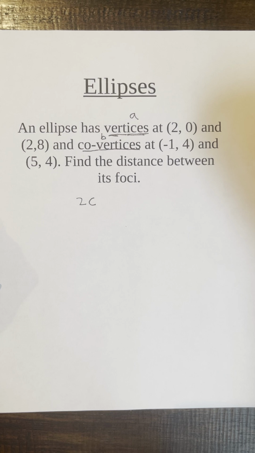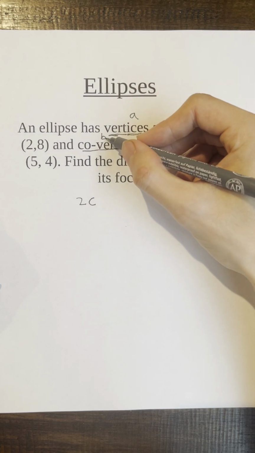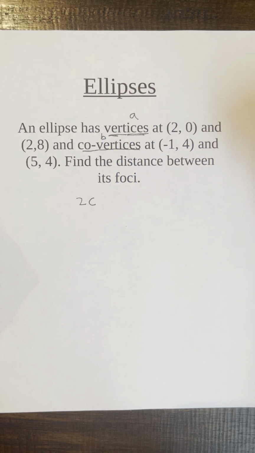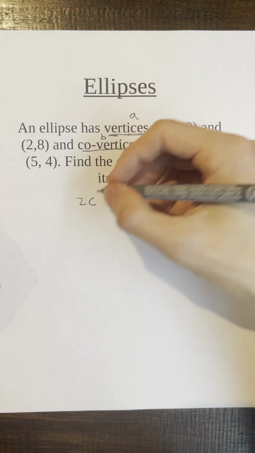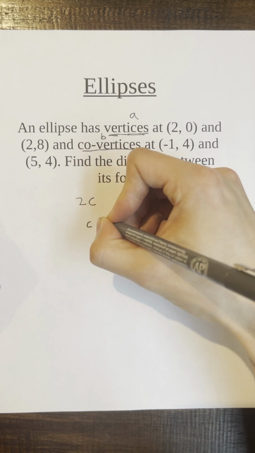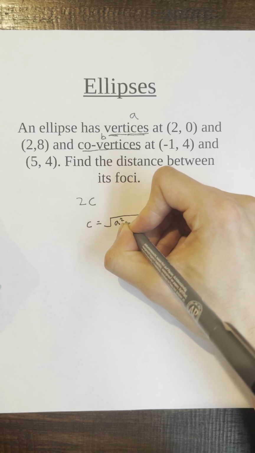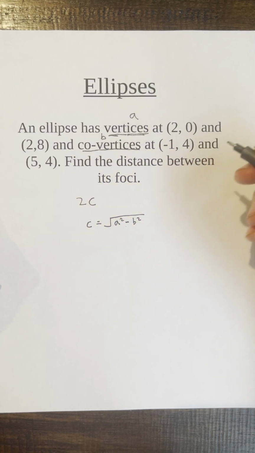Okay. If you have information about A and B, can you figure out C? Well, yes, because C is equal to the square root of A squared minus B squared.